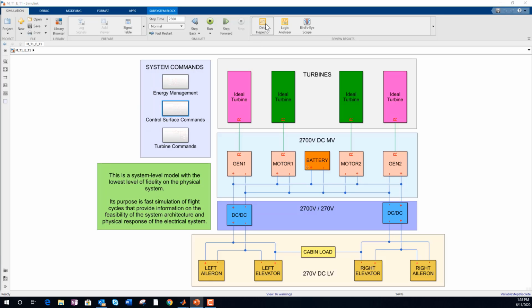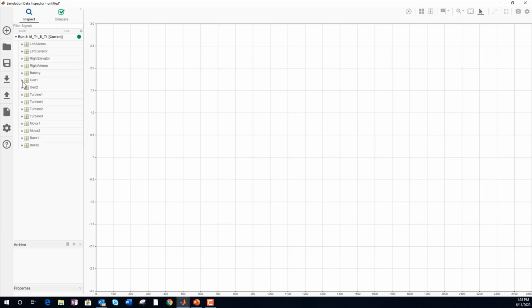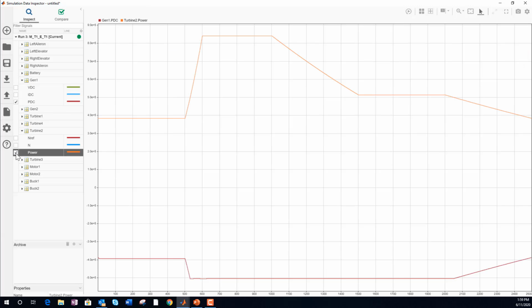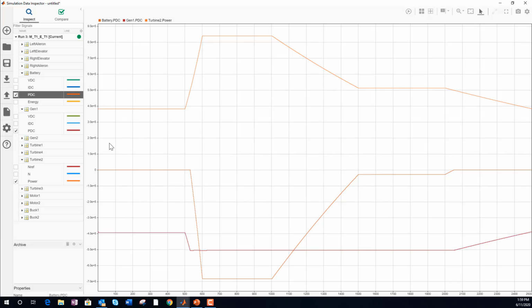So let me open the simulation data inspector. I'm going to select generator 1 power, turbine 2 power, and also battery power. You can see that as the turbine ramps beyond 500 kilowatts, that the battery kicks in, holding the generator at 500 kilowatts. Remember that we have another turbine and another generator that are pulling equal amounts of power.